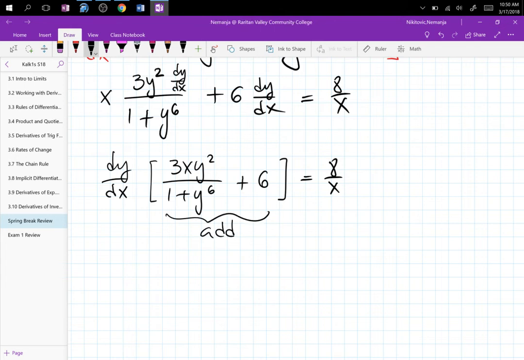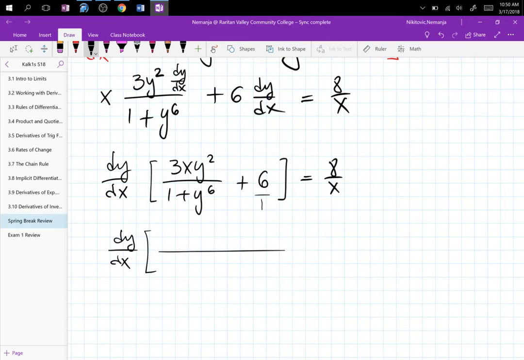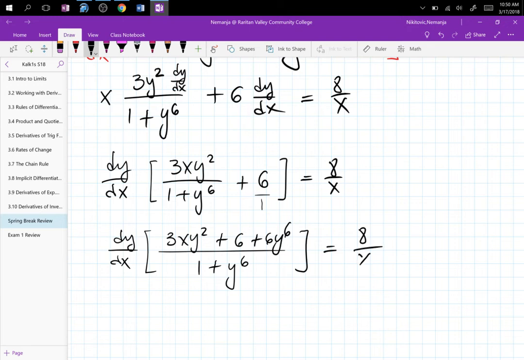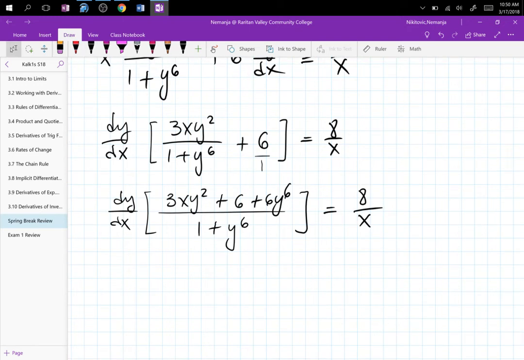And you just add the regular way where you find the common denominator. This is 6 over 1, so the common denominator is 1 plus y to the 6. So you have 3xy squared plus, when you cross multiply, 6 plus 6y to the 6, equals 8 over x. Nothing adds, nothing combines, nothing cancels. That's it.